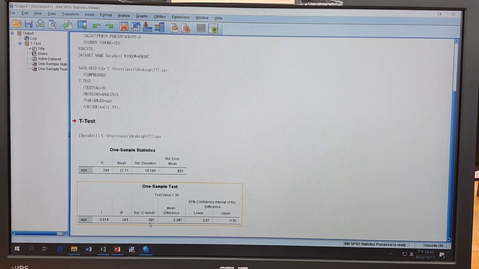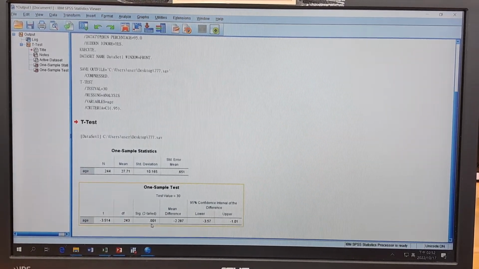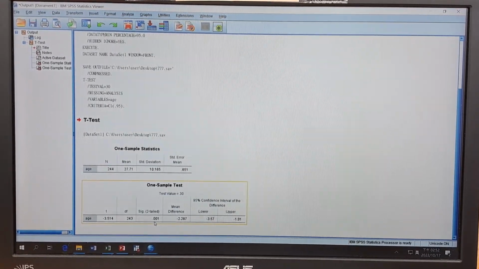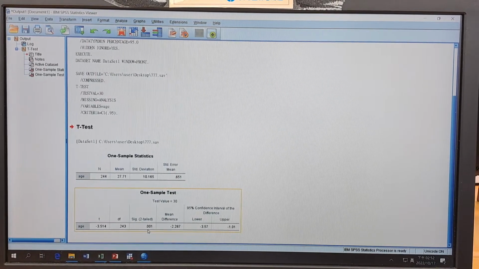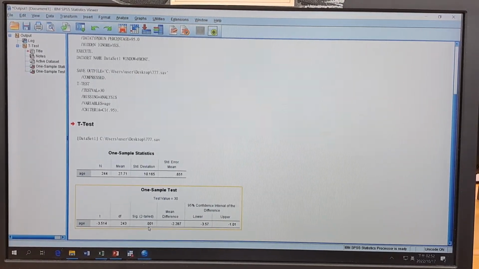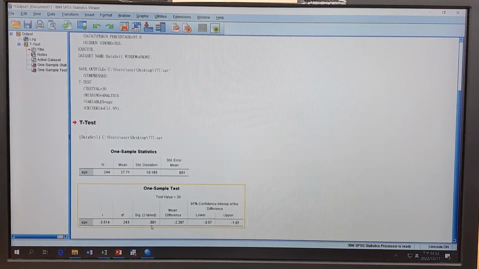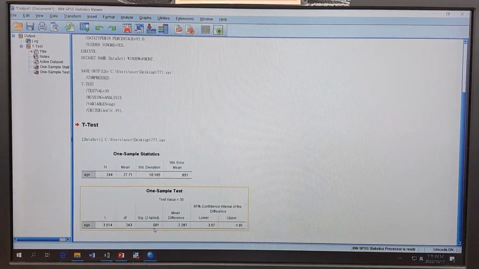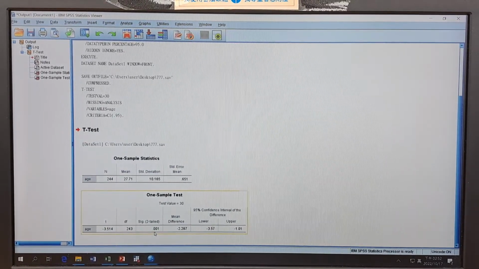Significance, right? So now, if this is significant, it means we reject our null hypothesis and accept our alternative hypothesis. What is the alternative hypothesis? The mean score from the variable age is not equal to 30.